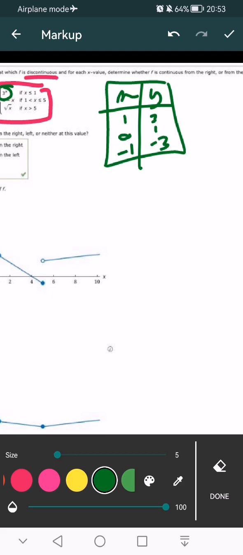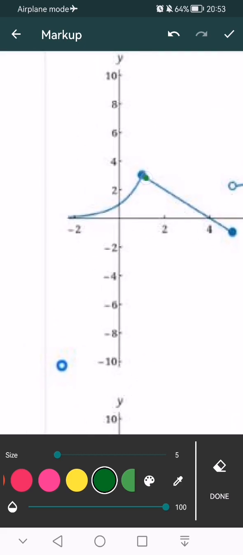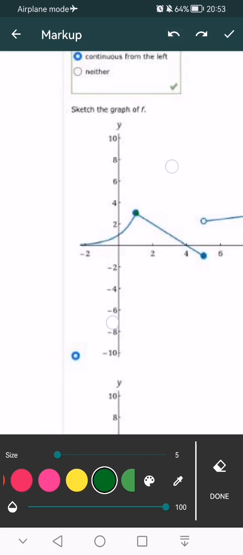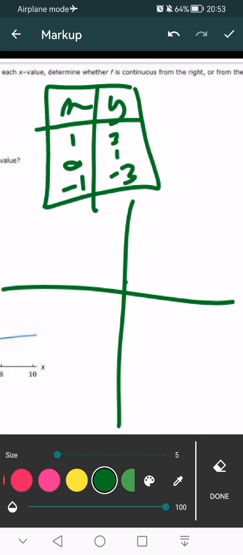I can draw now 1 and do this one. So from here, I can see that if it is at 1, that will be 3. And if it is 0 at x, that will be 1. So you have to draw this one. I will get that it is increasing, as you see here.